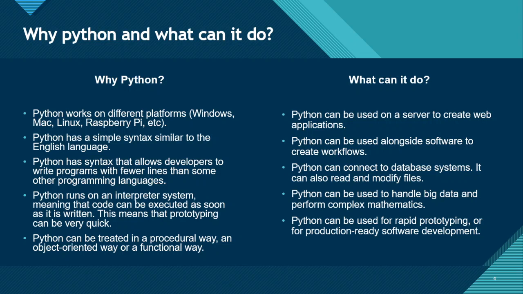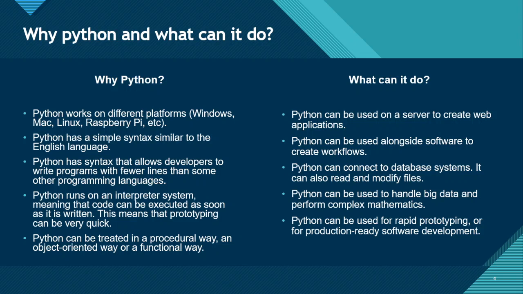Python has a syntax that allows developers to write programs with fewer lines than some other programming languages. If you want to write a hello world program, which is a basic program in any programming language, it would take about 5 lines in Java, and it would only take 1 line in Python to print a statement.